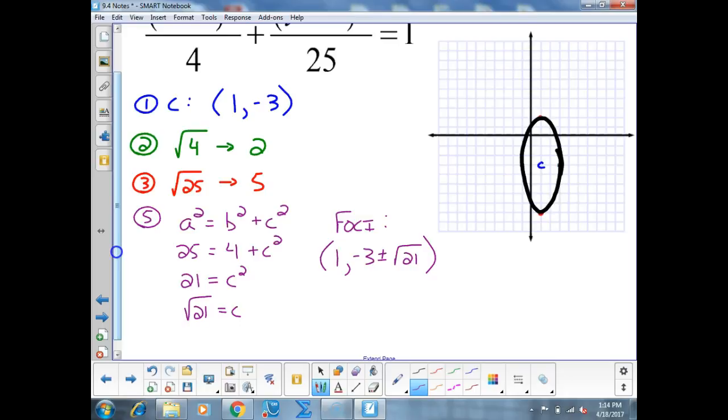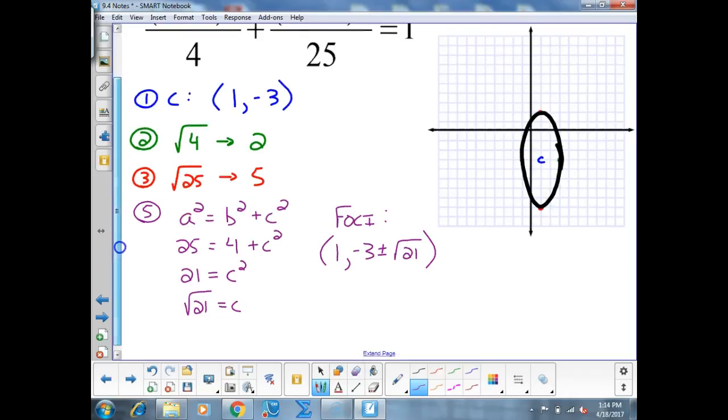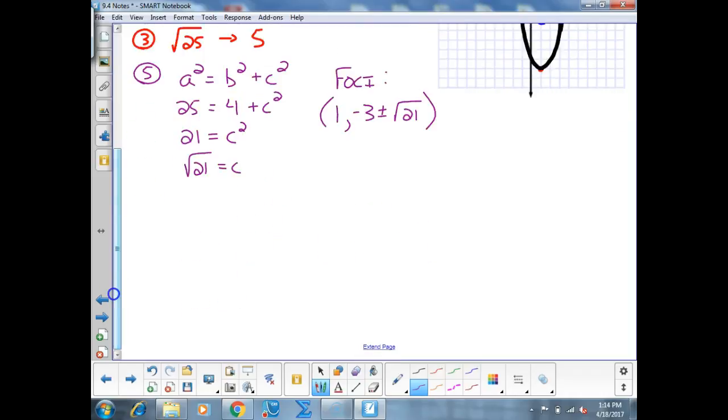If we had to fill out a list of things below a graph, we would write those separately. So one of them is at the point 1, comma, -3 plus the square root of 21. Another one is at 1, comma, -3 minus the square root of 21.